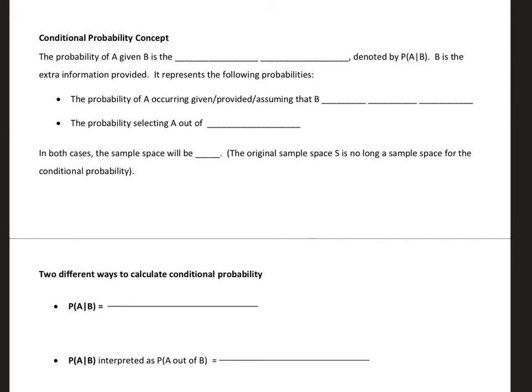So the probability we calculated for the false positive and false negative is an example of this thing called conditional probability. The probability of A given B, so I'm going to highlight this given part, is the conditional probability denoted by P, A, little bar, B. B is the extra information that is provided.